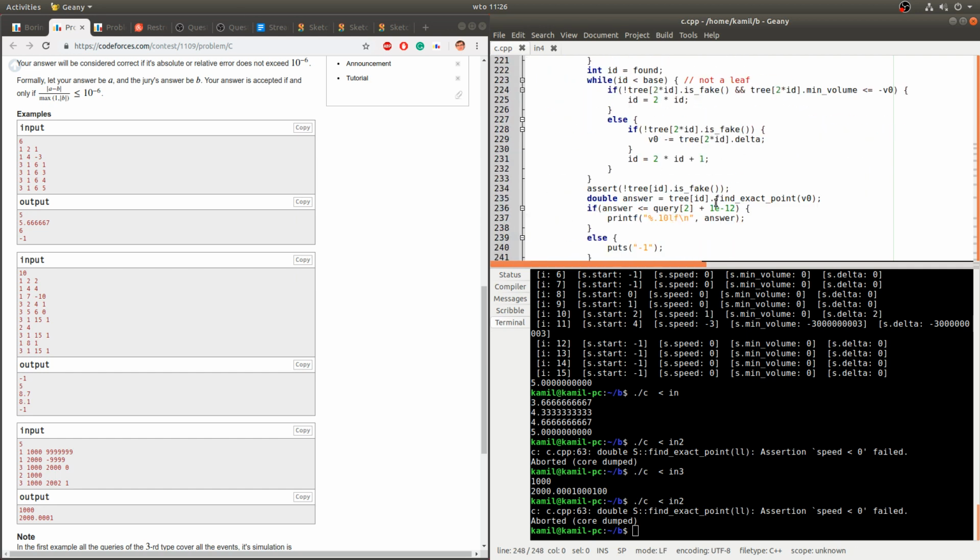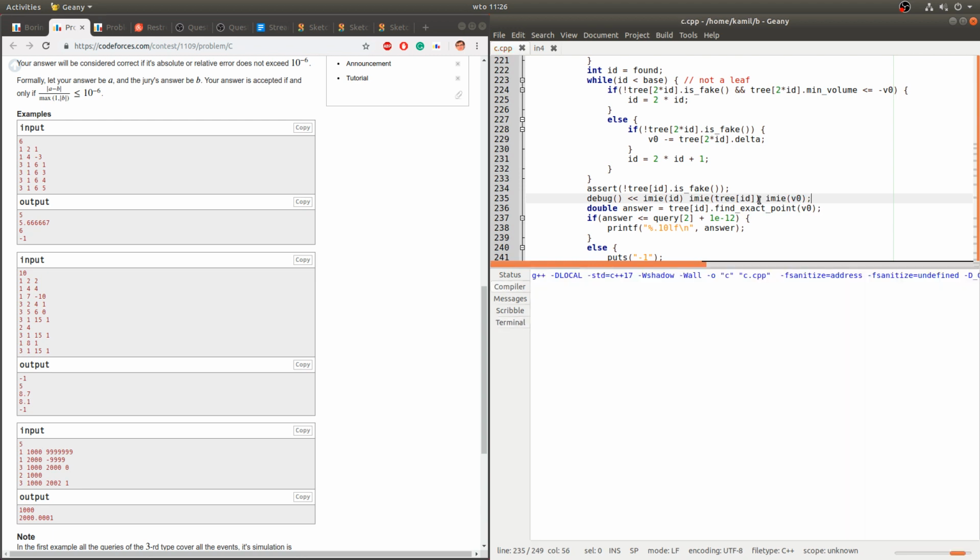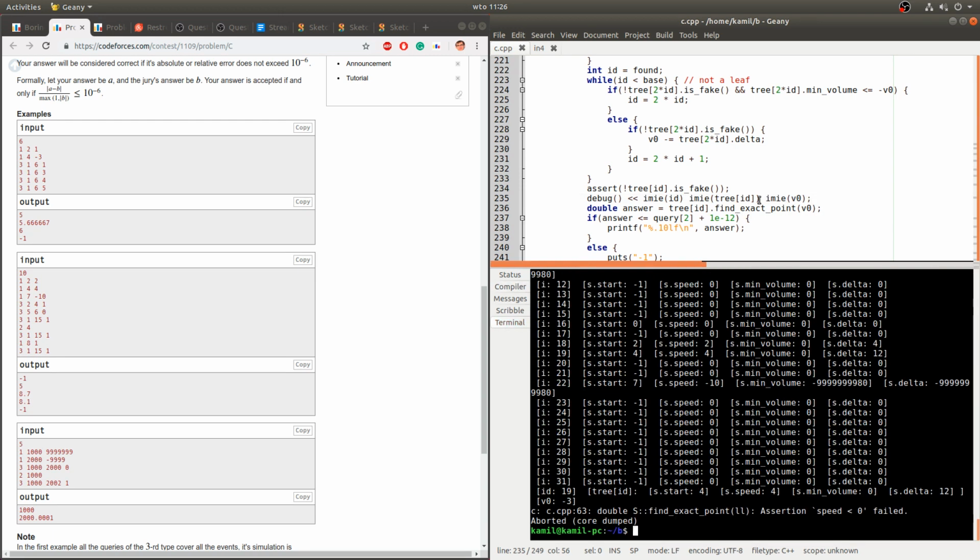Why is it bad? Let's here before that run debug id tree of id v0. v0 is already negative. It shouldn't be. It can never be negative.